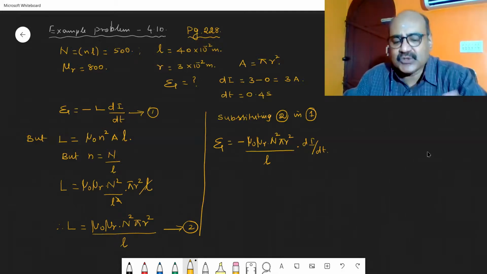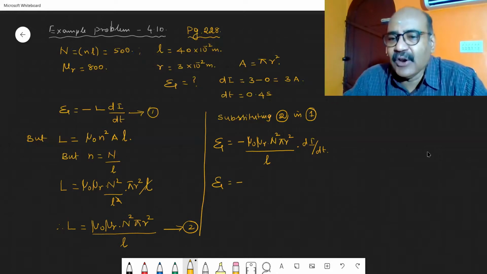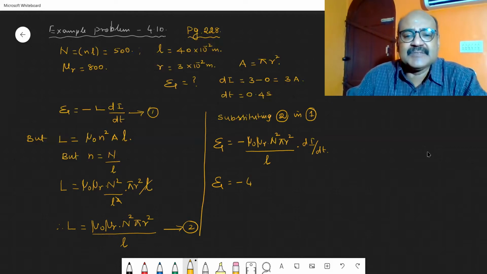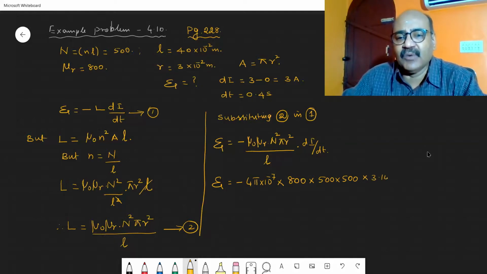Now you substitute all the values. The EMF induced E is equal to minus, what is mu 0? Mu 0 is the permeability of free space, which is 4 pi into 10 to the power of minus 7 Henry per meter, into mu r given as 800, multiplied with N square. N square is 500 square, so 500 into 500, into, instead of pi, I can consider 3.14, multiplied with r square.